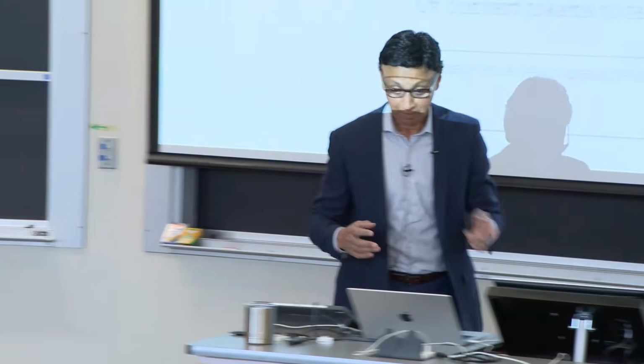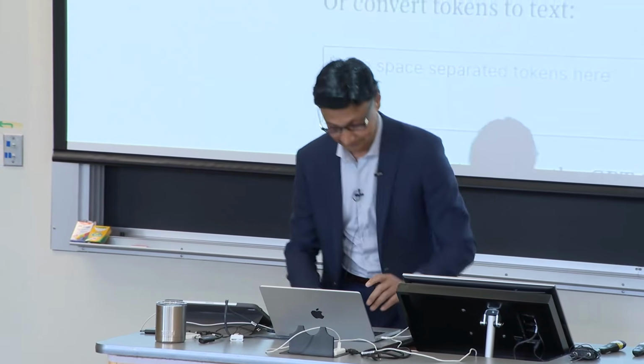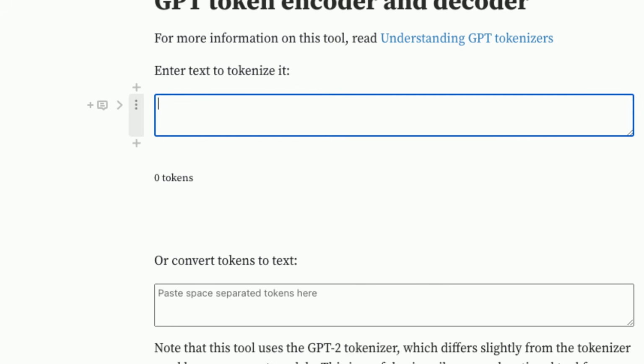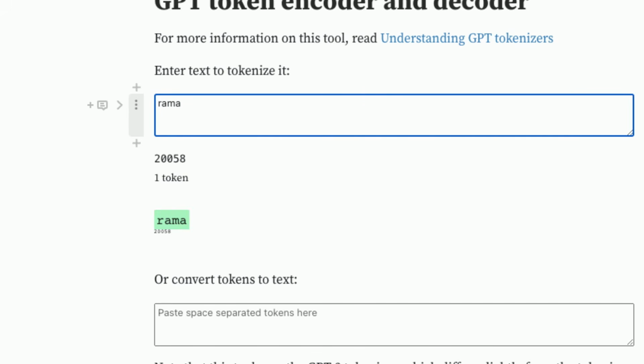But strangely enough, and I was very surprised by this, if I put rama in lowercase, it's its own token. I have no idea what they were scraping, which websites. And if I put Jane here, now J has become its own token with space, and ane has become different.